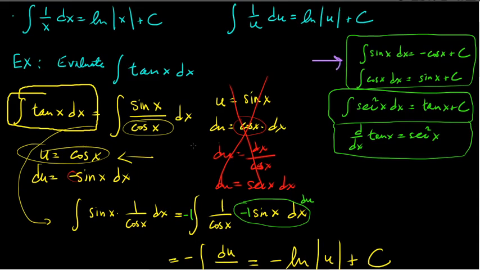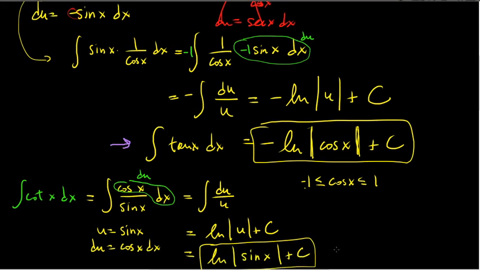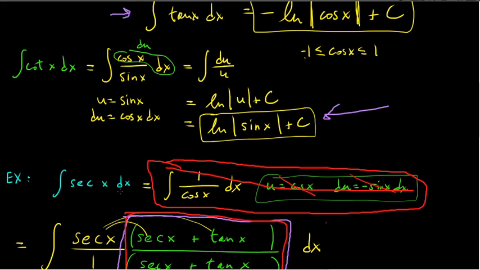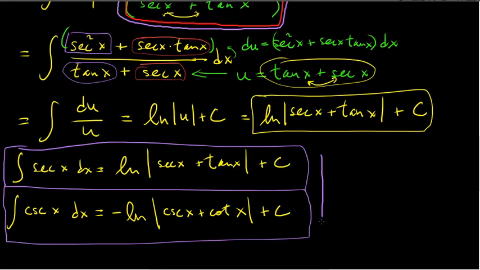You know the integral of tangent, which is here. You know the integral of cotangent, which is this thing here. And you know the integral of secant and cosecant, which are over here. So again, you should know all six. The six trig functions, it's very handy to know, especially if you're going on to Calculus 2, because these are going to come up over and over again.